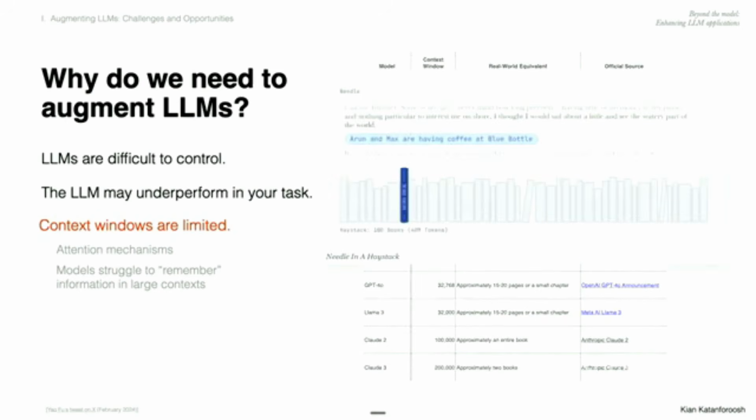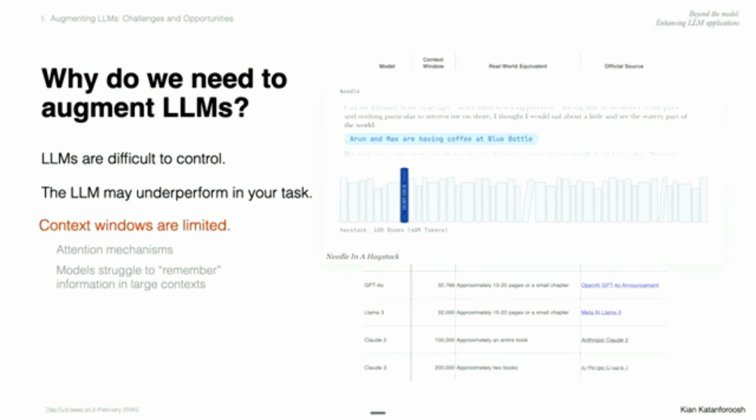It's an AI problem, or call it a benchmark, where in order to test if your LLM is good at putting attention on a very specific fact within a large corpus, researchers might randomly insert in a book one sentence that outlines a certain fact, such as Arun and Max are having coffee at Blue Bottle, in the middle of the Bible, let's say, or some very long text.